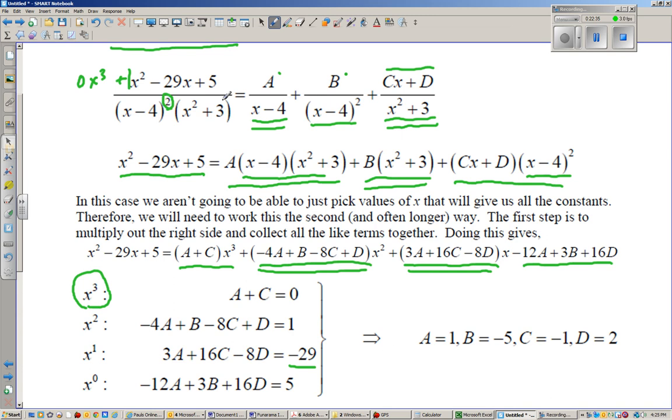And finally, we've got a constant on the end of 5, and 5 has to equal that expression on the end. So that's how many x cubed, how many x squareds, how many x's, and how many constants, or you might say x to the zeros.